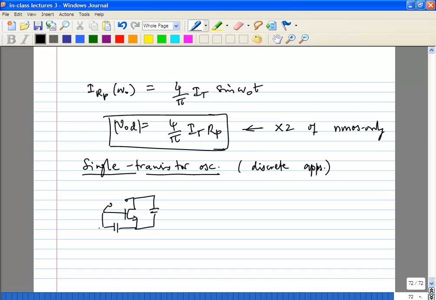So let's take a single transistor. Let's look at the input impedance. Let's put two capacitors, one between the gate and source, the other between drain and source. Let's look at the input impedance.